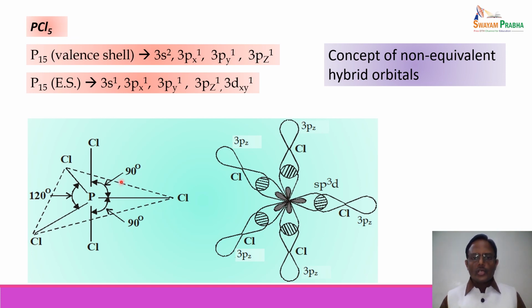The contribution to the equatorial orbitals is from the s, px and py orbitals, whereas the axial orbitals are mainly formed from the pz orbital and dz square orbital. Hence the concept of non-equivalent hybrid orbitals comes into the picture in this case.